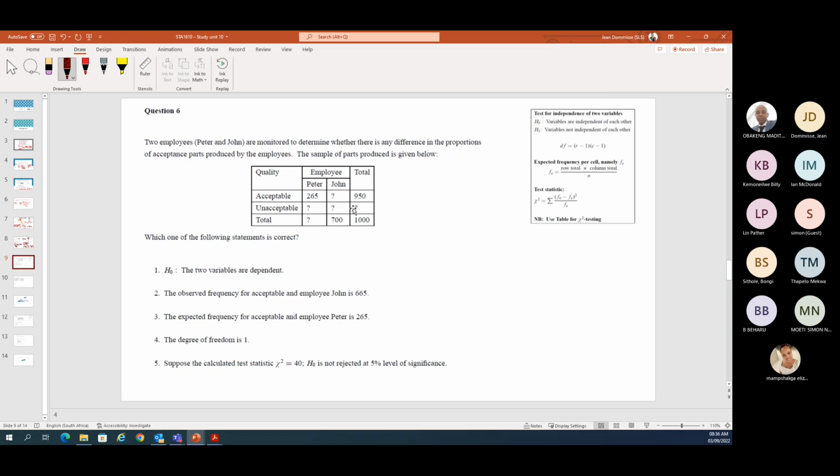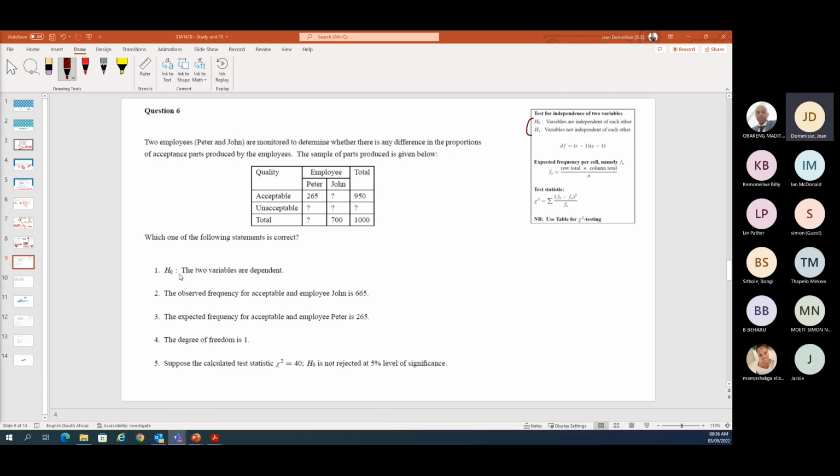And here now you see that what they also like is to give you incomplete tables. So in this instance, before we go through this whole exercise of getting all the numbers, let's still follow the principle that we've done: H0, H1.